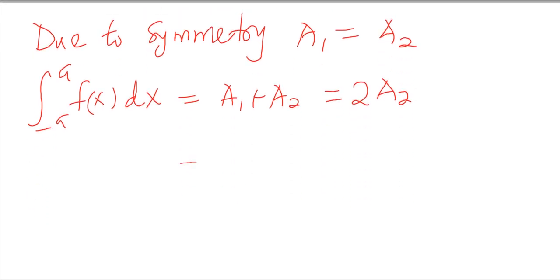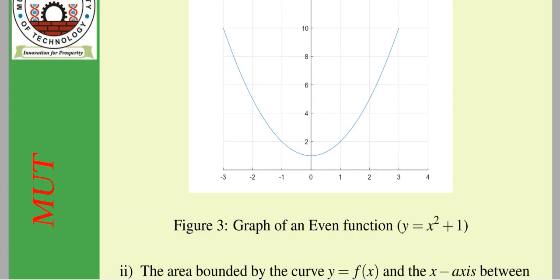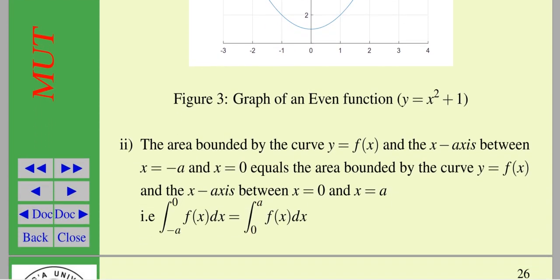So in this case, we write 2 times the integral from 0 to a, f of x dx. When we have an even function and we are integrating from minus a to a, we can as well integrate from 0 to a and multiply the result by 2. This is simply because of the symmetry of the graph.